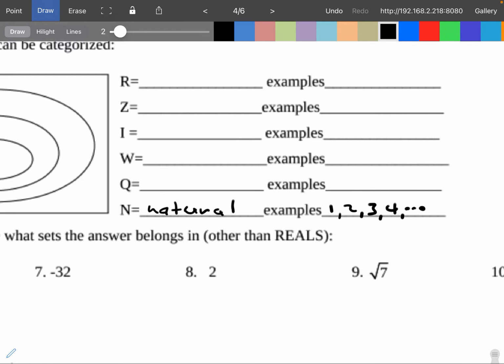So the whole numbers, that's the W. The whole numbers is that same set we had, we just add 0 to it. So that's just 0, 1, 2, 3, 4, and then so on forever. So that's the set of whole numbers.